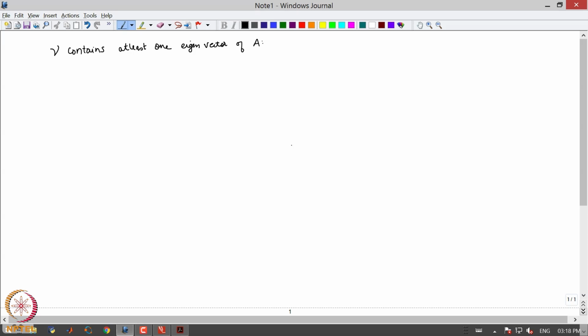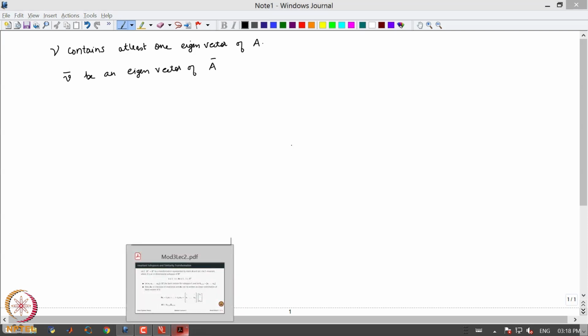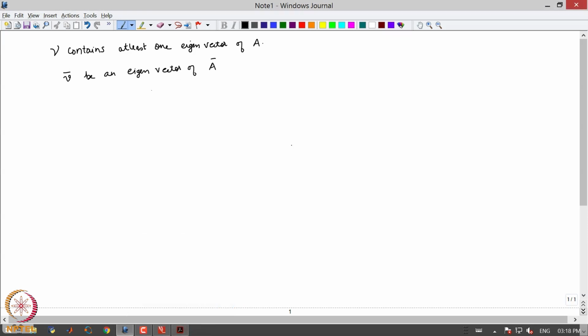Let us begin with: let v bar be an eigenvector of A bar, and what do we know about A bar is that A times V is V A bar. Now, this A bar is of dimension k cross k.